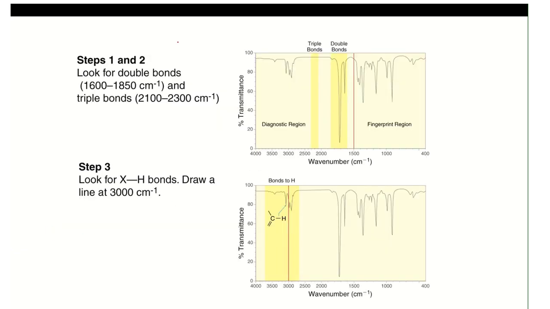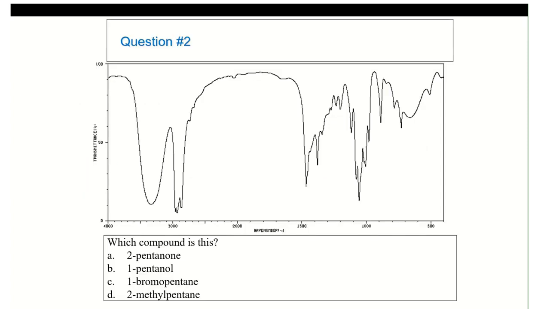So for example here, you can see we looked at the 2000 region, and we see there's stuff going on. And of course we looked at the triple bonded region, there was nothing. If you look at the XH region, you can see at 3000 there's this peak here, and so we know we have some sort of alkene. What about this one?